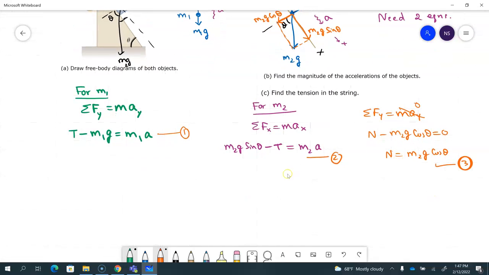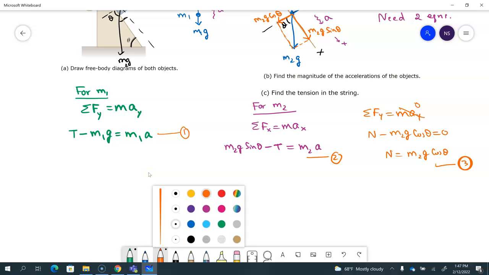So you can solve it however you like. You could substitute for T from one equation into the other and solve for the acceleration. Or whenever I see a T and a negative T, I'm tempted to just add the equations, so that way the T gets cancelled, right?